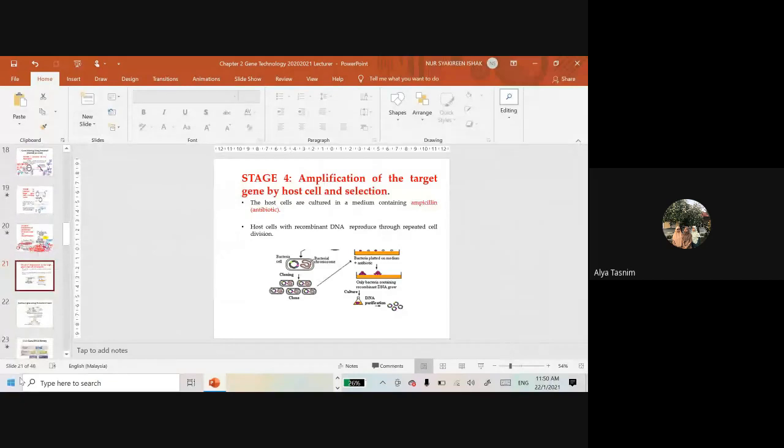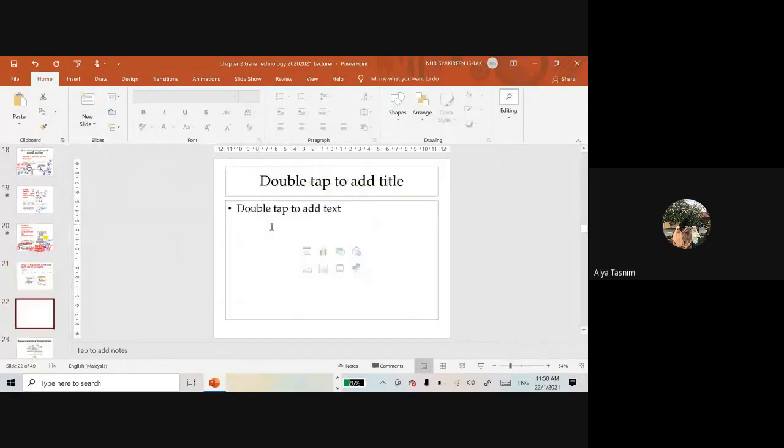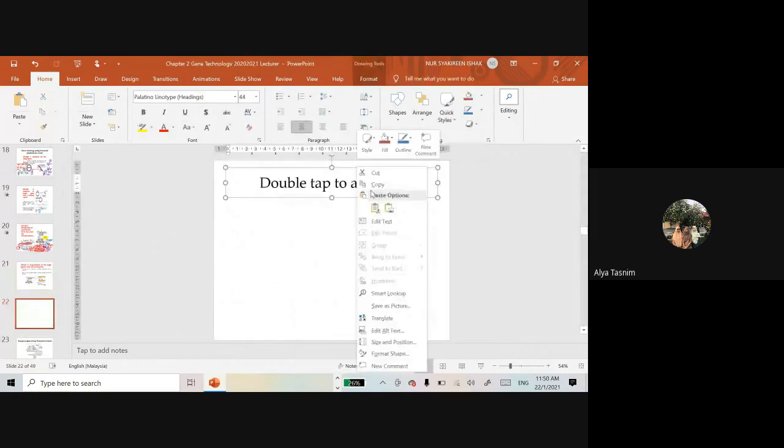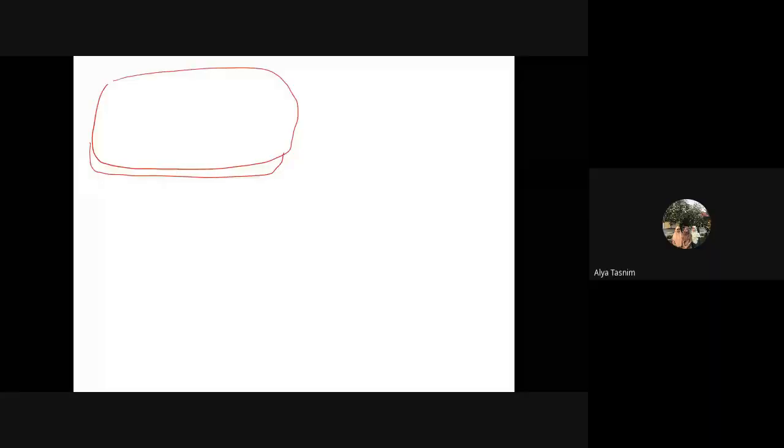Baik semula lah. Ini saya draw balik semula. Dish. Dan ni awak letak adalah antibiotik.